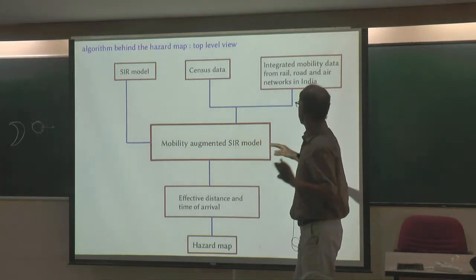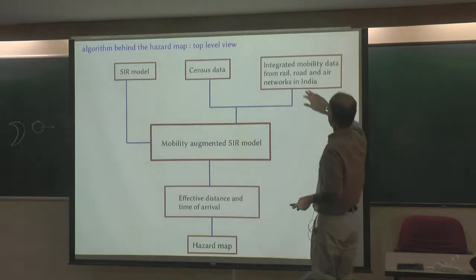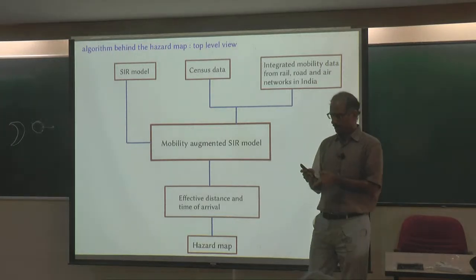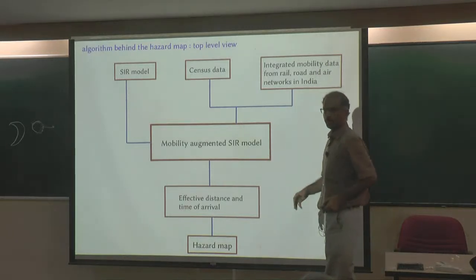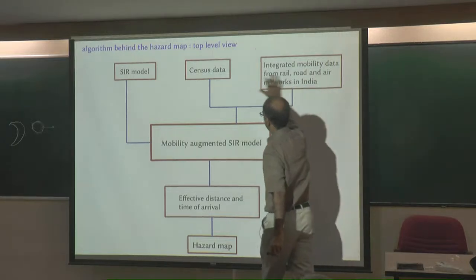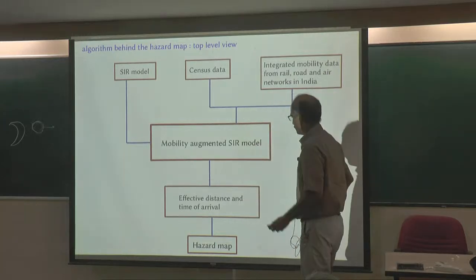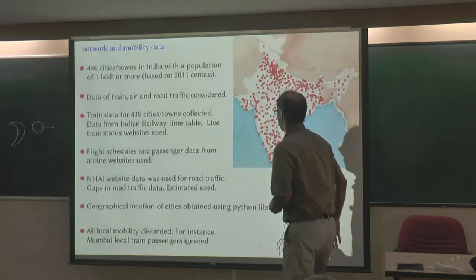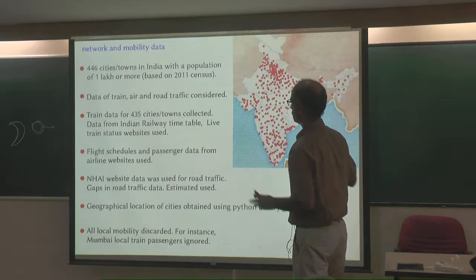For train and air transport, the data is easily available; you can scrape it off the web. Road is a little more difficult, and in some places we had to supplement it with our own model. This whole thing provides us the mobility augmentation, and finally you calculate something called effective distance and time of arrival.